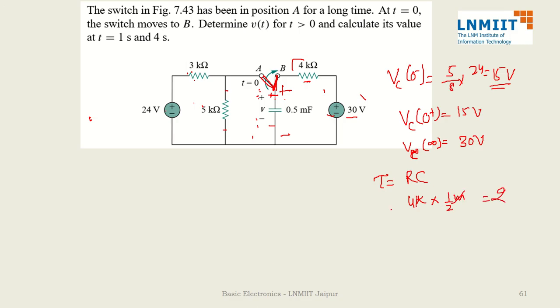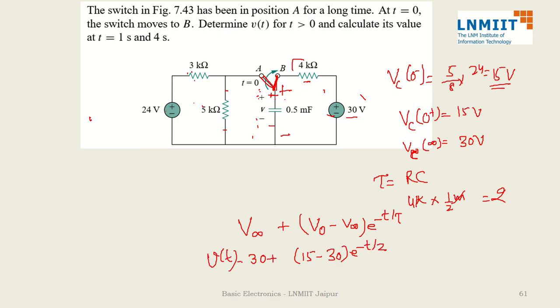So what is my equation? V infinity plus V initial minus V infinity, e raised to power minus t by tau. So V infinity is 30, plus 15 minus 30, e raised to power minus t by 2. So that is the voltage across the capacitor at any given time.